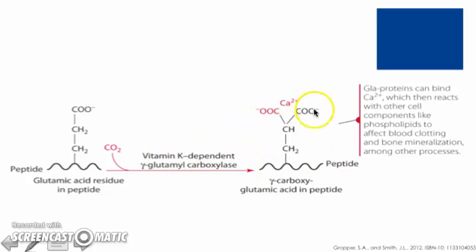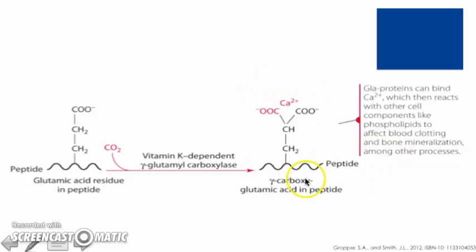We see here the product has an addition, there has added this CO2, and then at this point this structure can bind calcium. So the peptide with the glutamic acid residue, which has now been carboxylated, can bind calcium. There are different proteins that will then benefit from this new ability to bind calcium. One protein that we discussed was the osteocalcin, involved in bone mineralization.